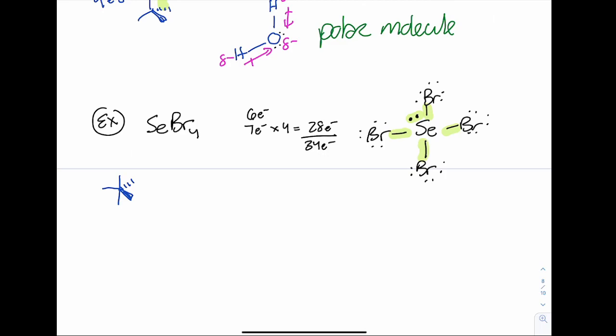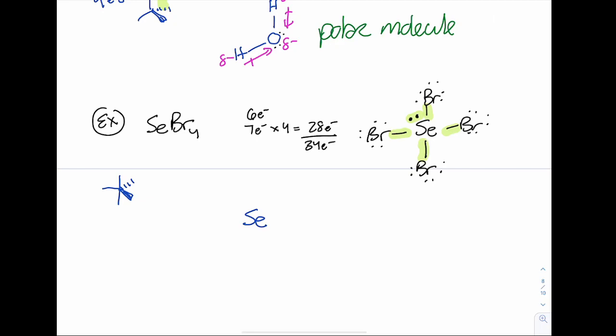So remember, if we have a lone pair, it's going to go in one of those equatorial positions. So the lone pair has to either go here or here or here. I'm going to use the one on the left, the one that's in the plane. And then selenium's going to go in the middle, and I'm going to have bromine in my other spots.